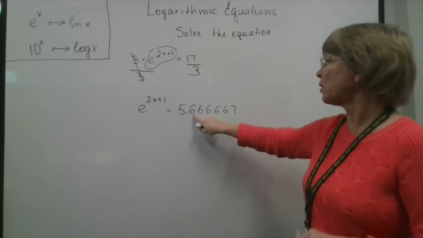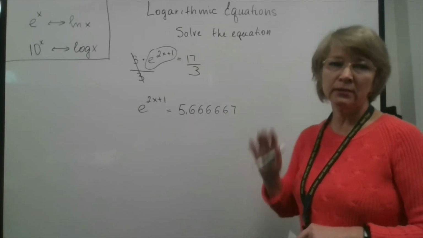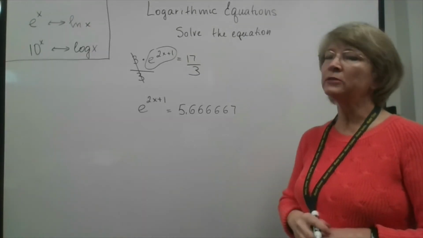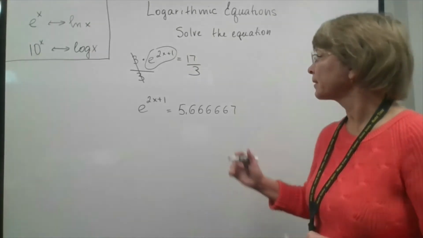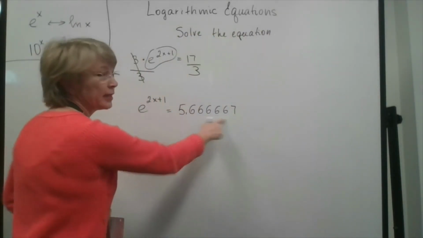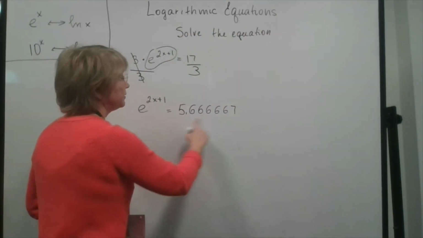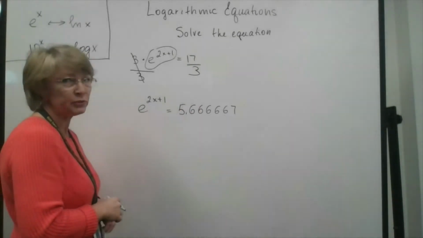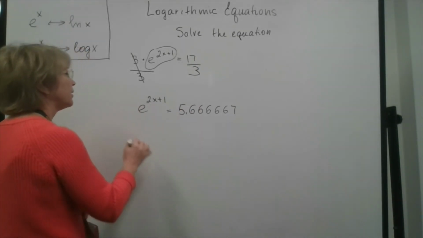But you have to have 1, 2, 3, 4, 5, 6 decimal places. Otherwise, your answer will be a little bit off. And this is why I don't like decimals. I don't want to spend my time to write everything down the long way. But as I said, some students do not like fractions.